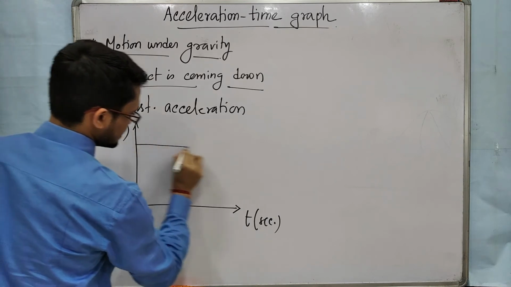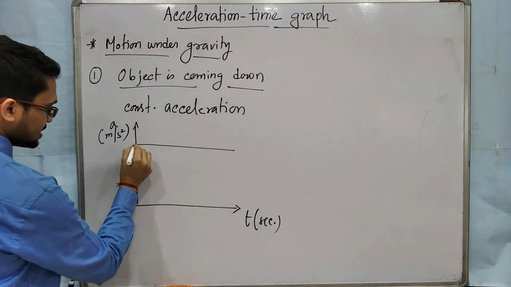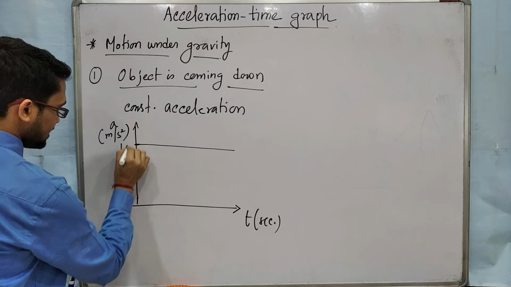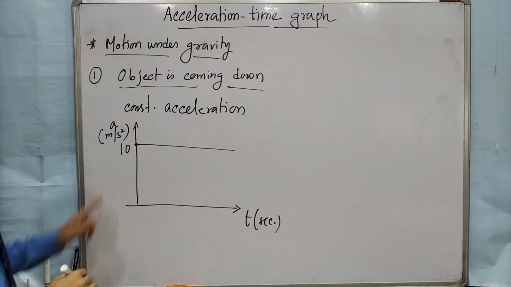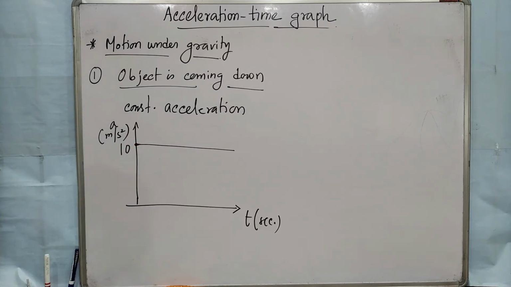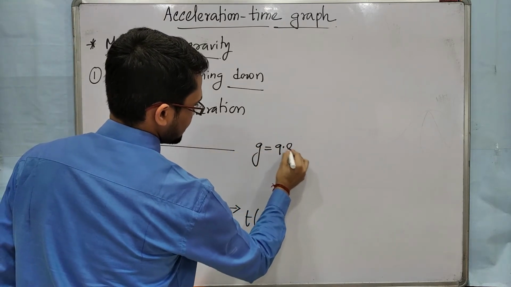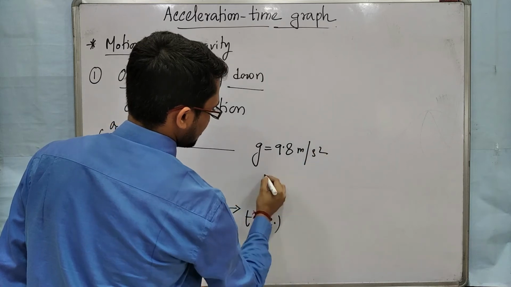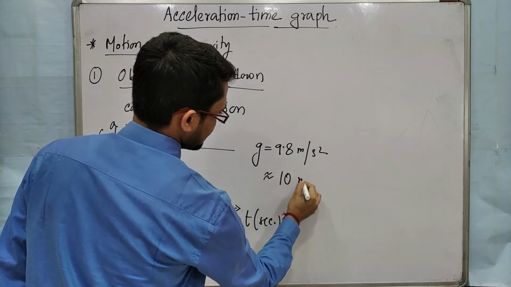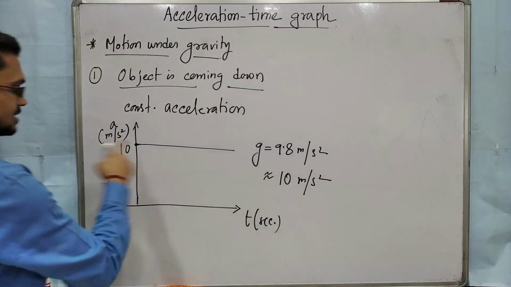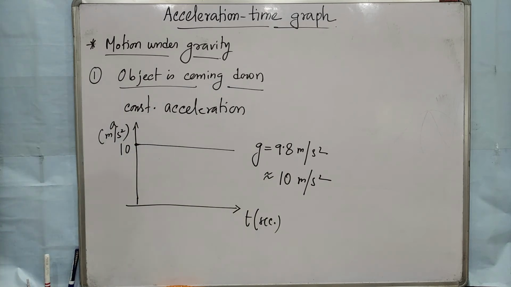Suppose this is parallel to the time axis, and this value will be about 10, because this value represents the acceleration due to gravity, g, and we all know g equals 9.8 meter per second square, or almost 10 meter per second square. So this is 10. Clear?